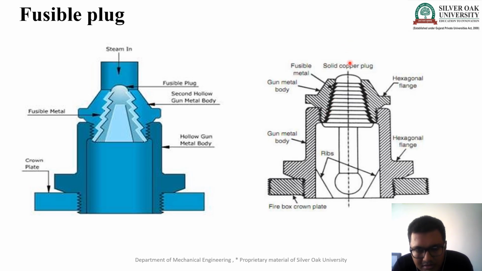So when there is water outside the fusible metal, the temperature is maintained low and the fusible metal does not melt. Now the water is converted into steam, and all the space outside is occupied by steam at high temperature. Due to the high temperature, the fusible metal is melted on both sides. The plug goes inside the furnace, and the steam rushes into the furnace.